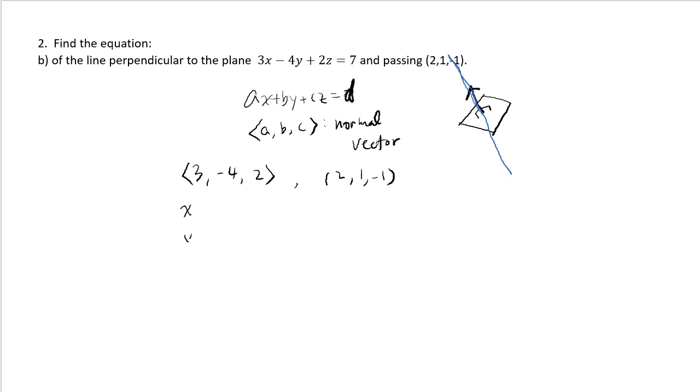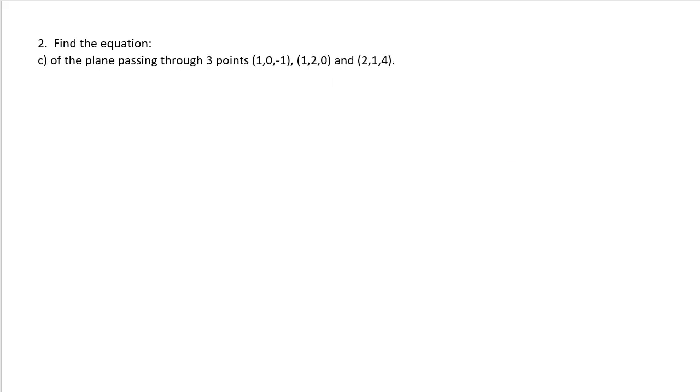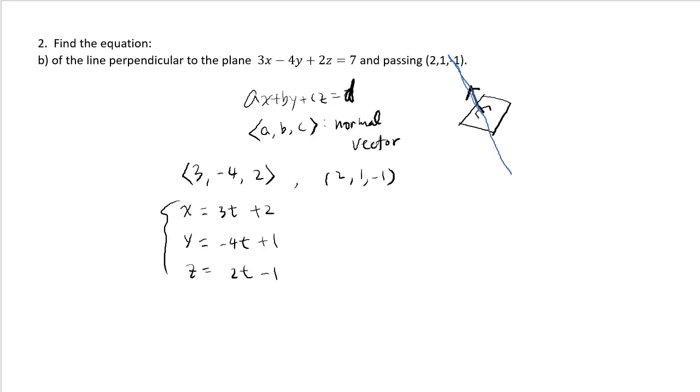So let's write it: x, y, z equals 3t, -4t, 2t from the direction, and plus 2, plus 1, minus 1 from the point. Okay, so that's the answer. All right, next question.